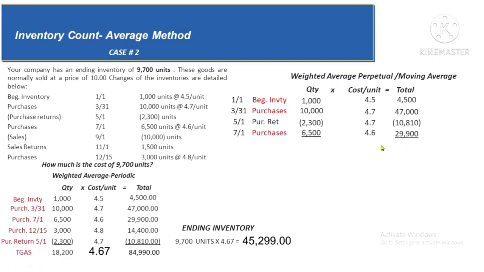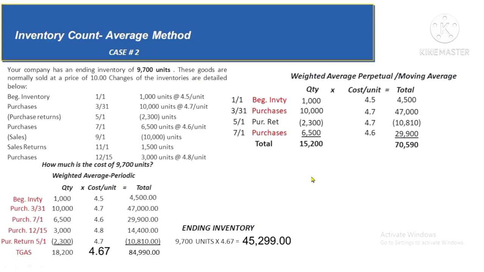However, after this, since the next transaction is already sales, then we need to get the average cost. But how do we do that? Let's add them all up. Of course, deduct the purchase returns, and we're going to get 70,590. Let's do the same in the units column, and we will get 15,200 units.